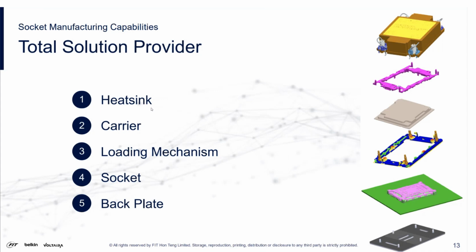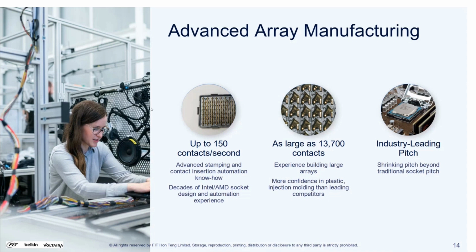All of the components, excluding the heatsink, are manufactured by FIT internally. But again, we do this for all of our customers if they so choose, where we can either build to print if it's specified by the customer, or we do the entire design ourselves and provide the best solution for the application.